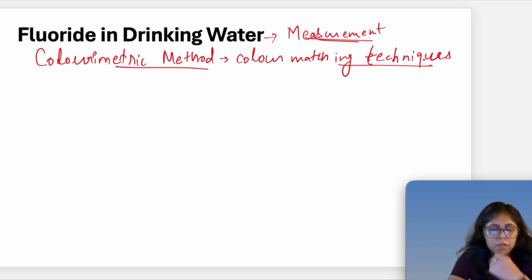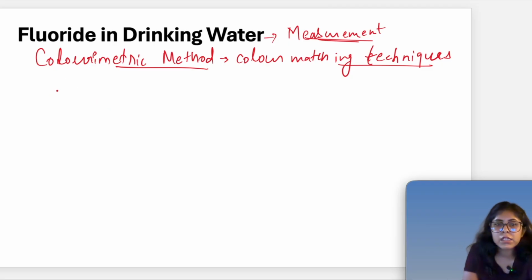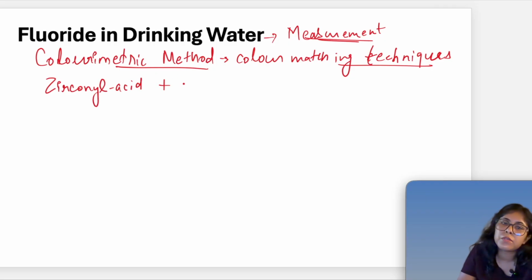Okay, so what are we going to take? We have two chemicals. First is zirconyl acid, and then we have SPADNS.